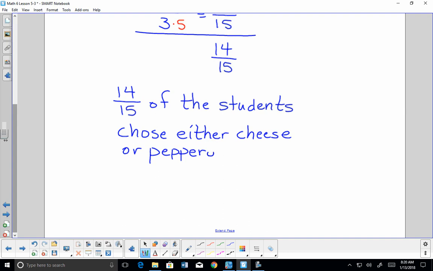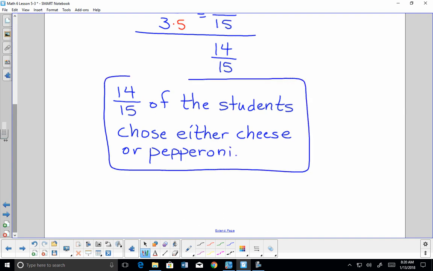That's your answer, written in a nice complete sentence because this is a word problem. Let's take a look at another word problem.